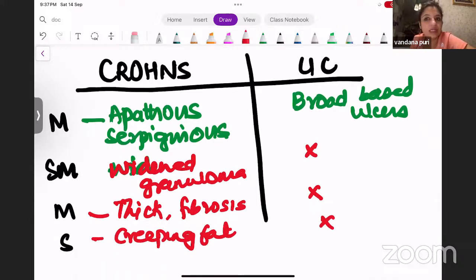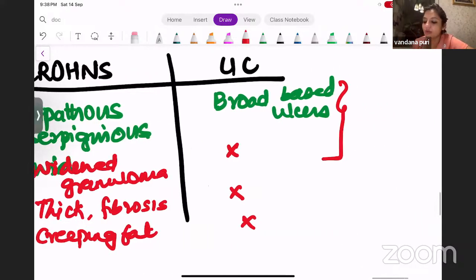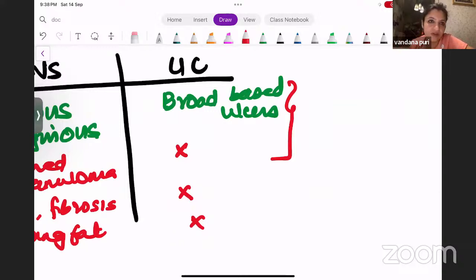So are we clear with the basic difference here? First, only the mucosa and submucosa are involved in ulcerative colitis. Now, a lot of our nerve plexus are present in the submucosa, which has ganglion cells. Whenever there is inflammation going into the mucosa and submucosa, these ganglion cells can be damaged.